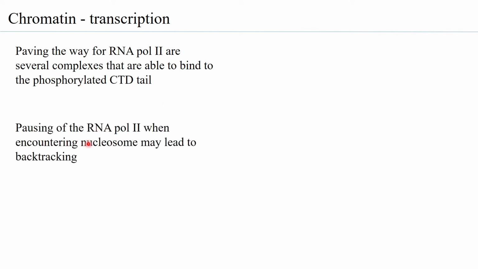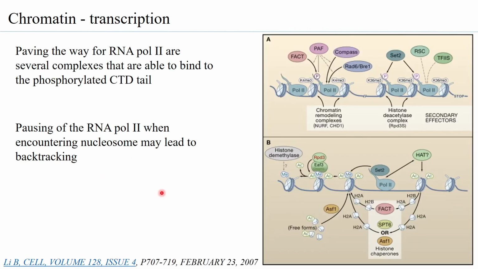Several cases have been studied where, when RNA polymerase II encounters a nucleosome, it backtracks. When they backtrack, you would again have elongation factors coming and binding to RNA pol II to overcome the backtracking and then move forward. So you can see that the presence of the nucleosome may actually hinder the elongation process, but there are different complexes that help the process move on.